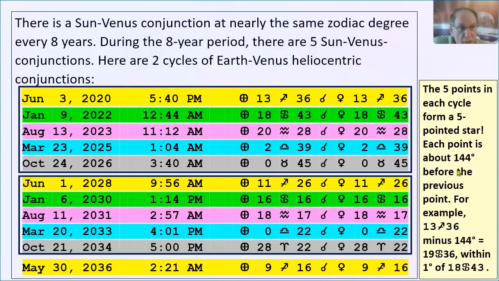Each point is about 144 degrees before the previous point. So 18 Cancer 43 is about 144 degrees before 13 Sag 36. So each one of these points is approximately 144 degrees, usually very close to that, earlier. From 18 Cancer to 20 Aquarius, it'll vary several degrees, but it'll be pretty close to 144 degrees, which is 2/5 of a circle.